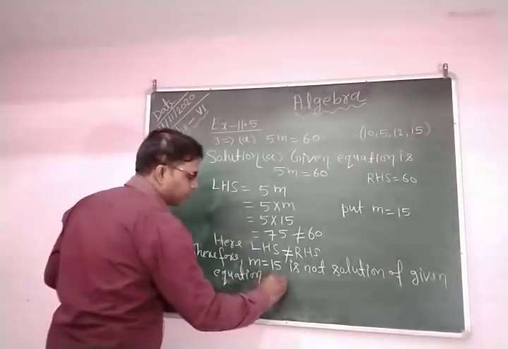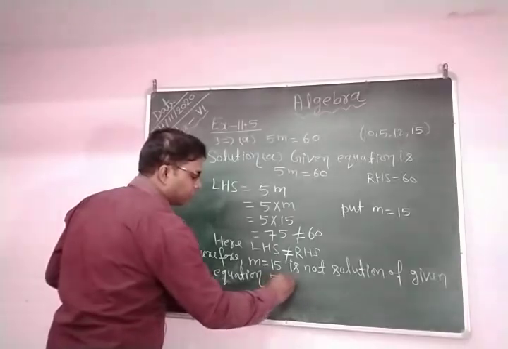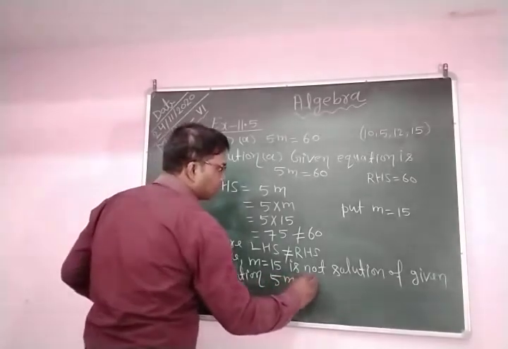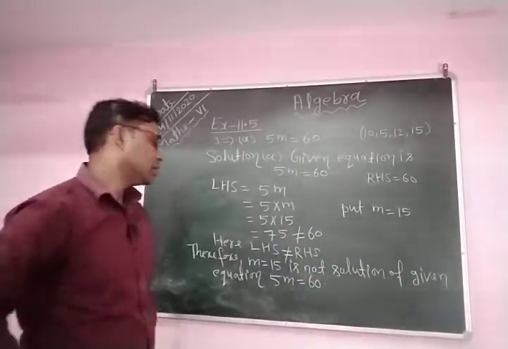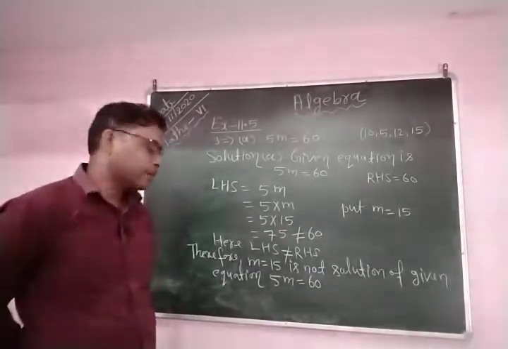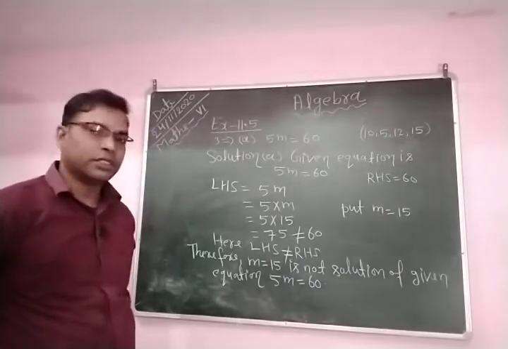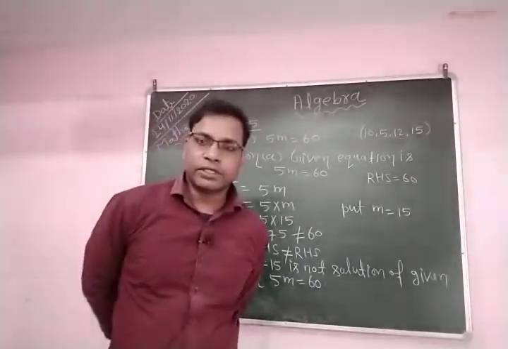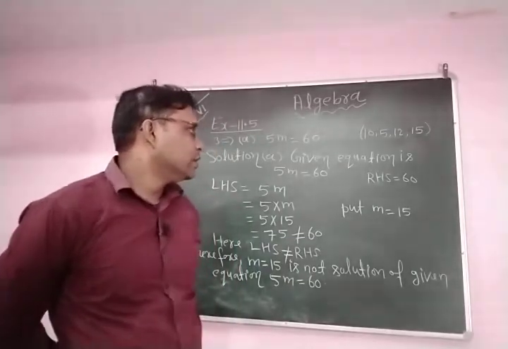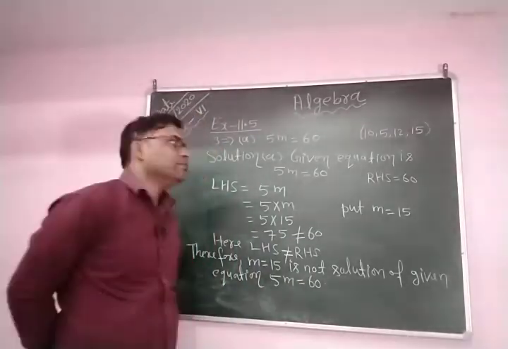What is our equation? 5m is equal to 60. Clear? Now student, in this question you can see the solution of this equation is m is equal to 12.